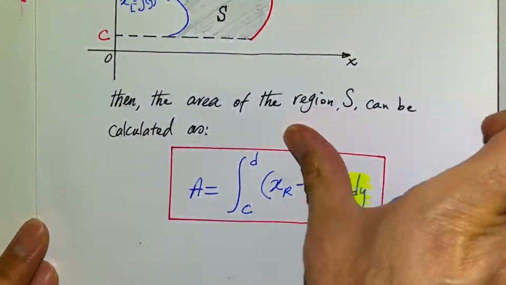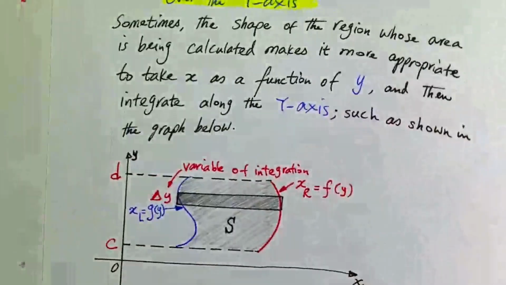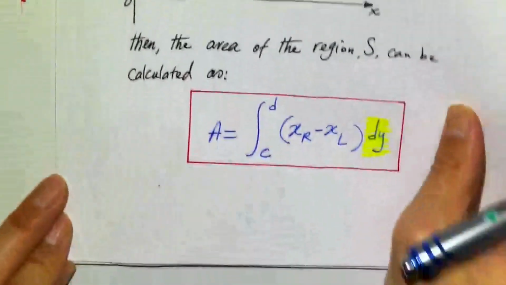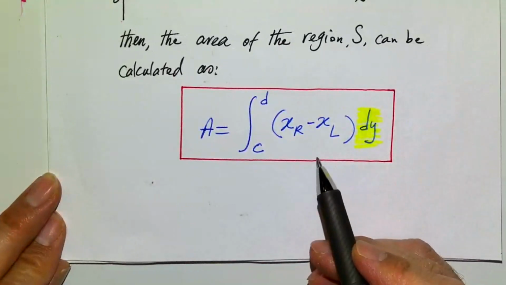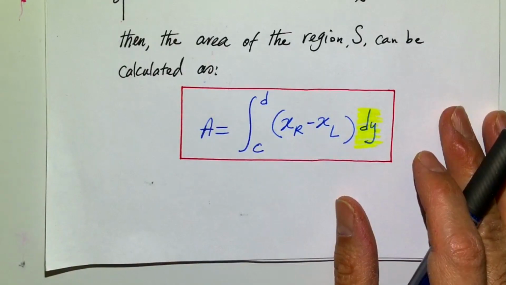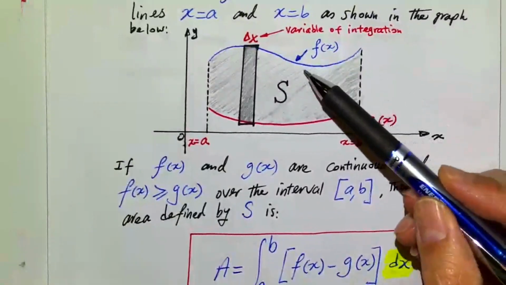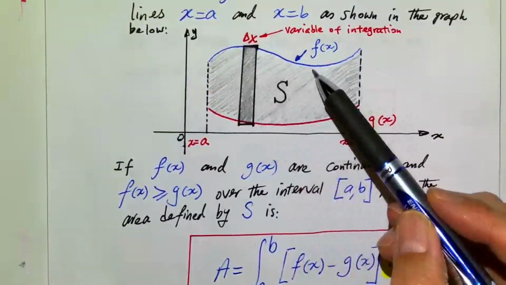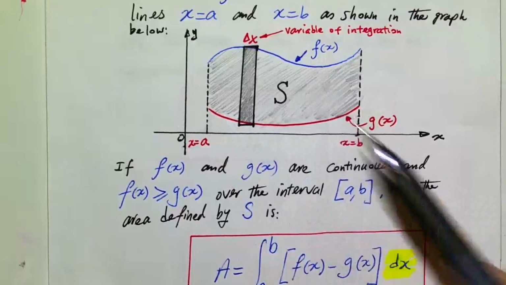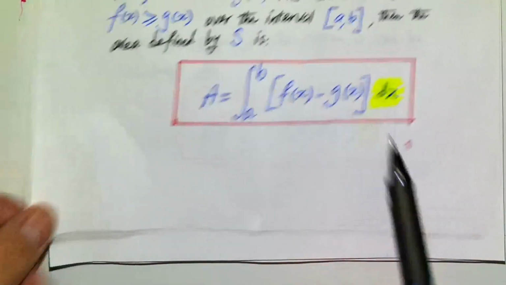To summarize what I've just said, and what has been depicted in this figure, we have this formula. Remember that when we integrate along the x-axis, we take the top curve and subtract the function that represents the bottom curve, or f of x minus g of x, right?